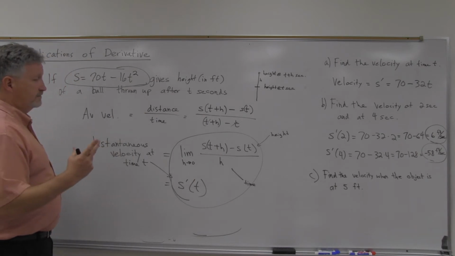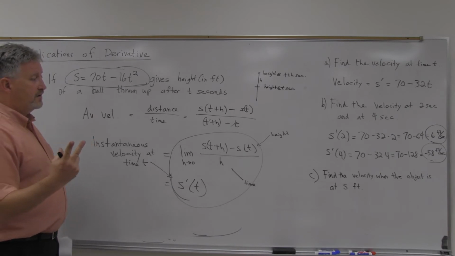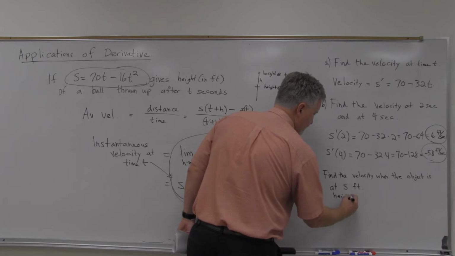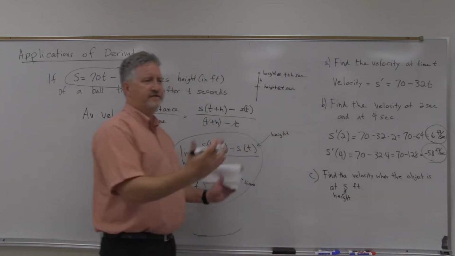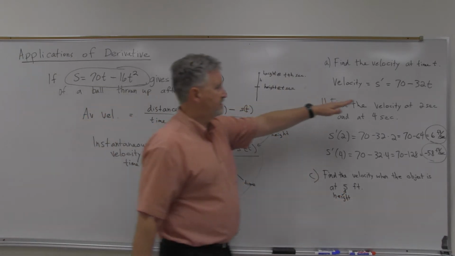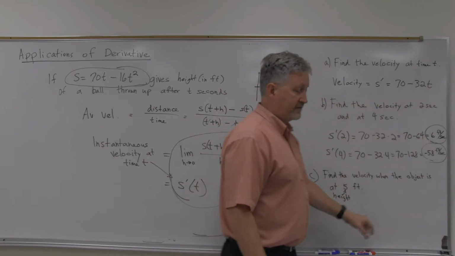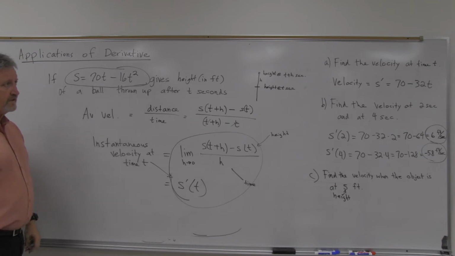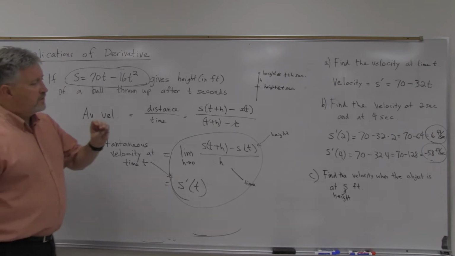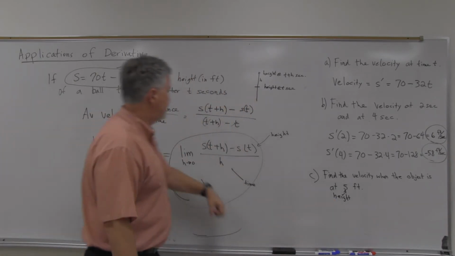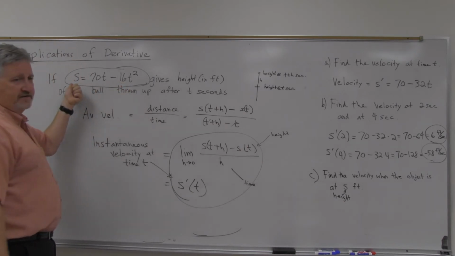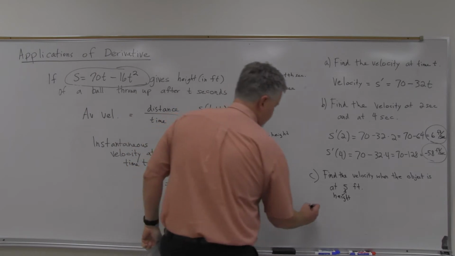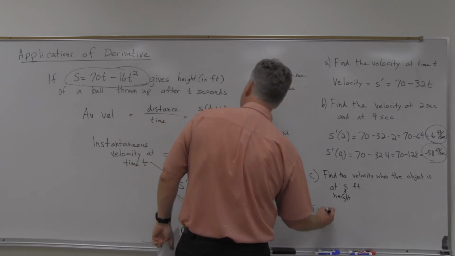I think there's actually going to be 2 times here that this works. Because to find this velocity, I have to figure out the time, because that's what the velocity depends on. It's the time, not the height. So if I've got a height of 5 feet, I have to go back to this equation. I know the height is 5 feet, so let's go back to the height equation.